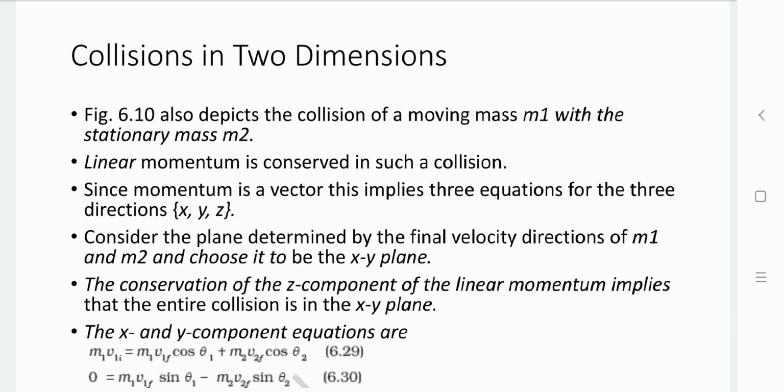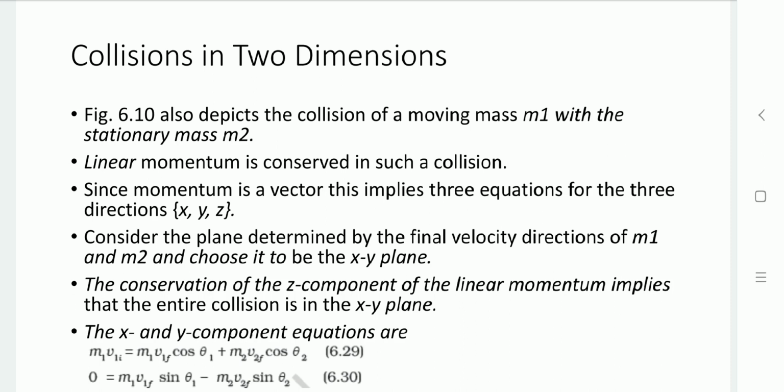Momentum is a vector, which implies three equations for three dimensions x, y and z. Consider the plane determined by the final velocity directions of m1 and m2 and choose it to be the xy plane.